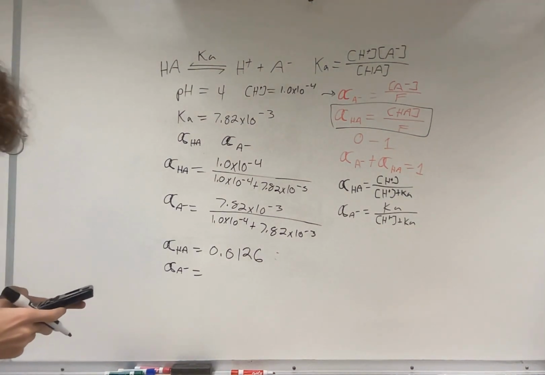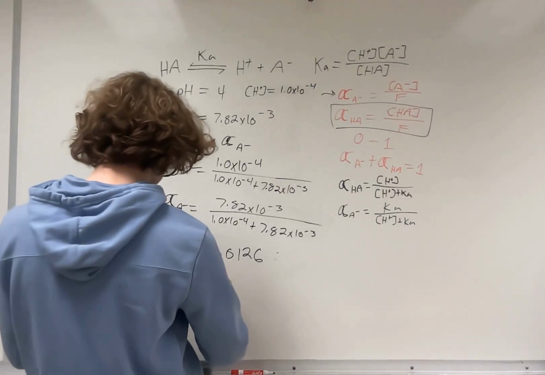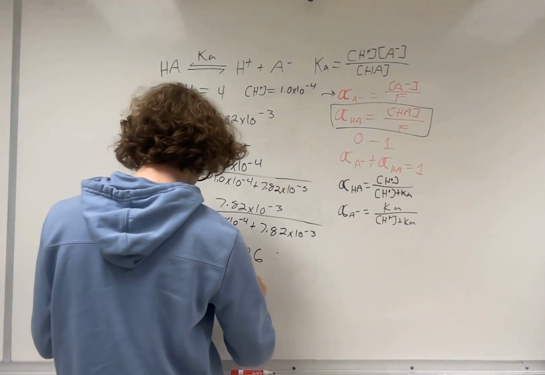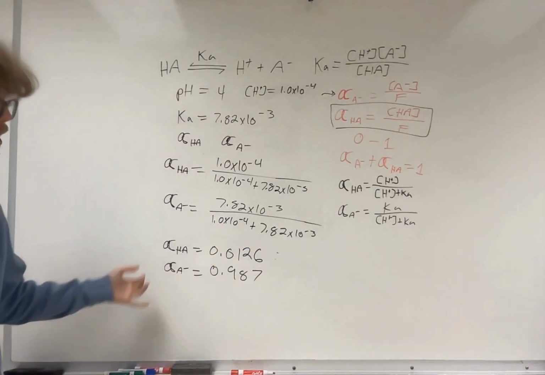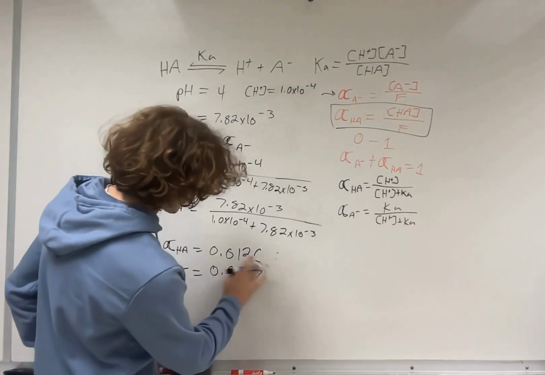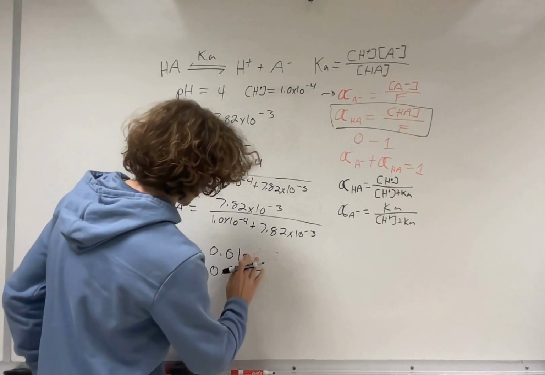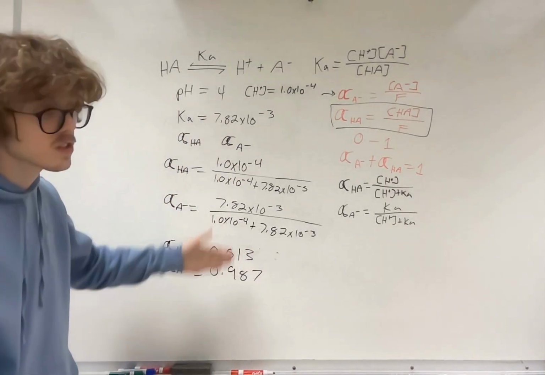When we do that, we're going to find 0.987. When you add these, they do add up to 1.